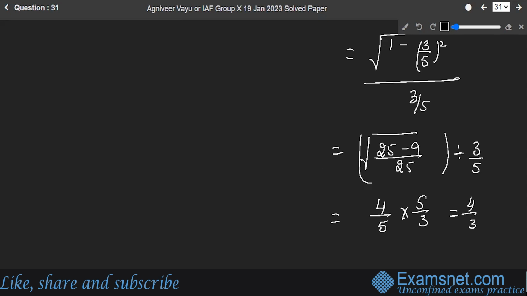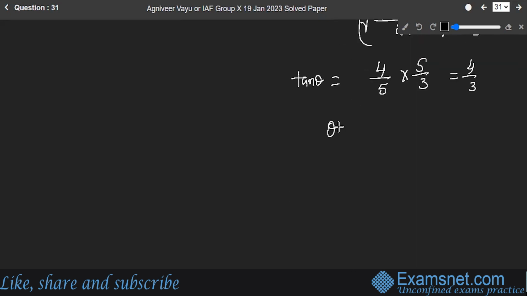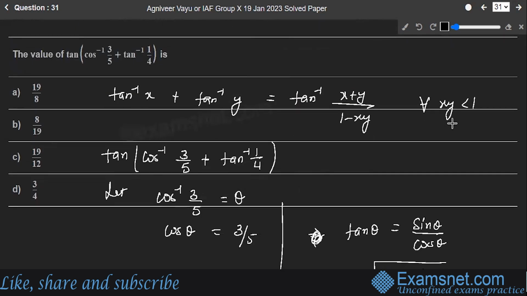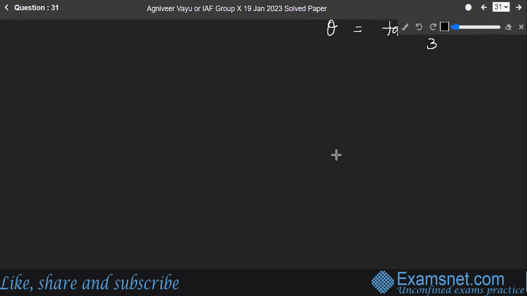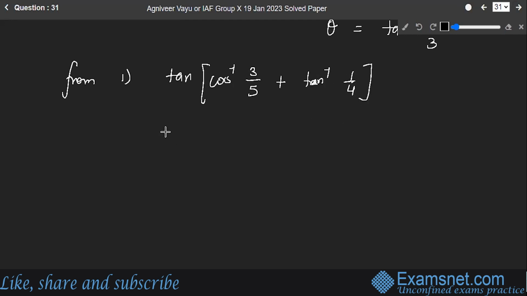Right? This was your tangent of theta. Now that gives you theta is equal to tangent inverse of 4 by 3. Right? Now let's get back to our problem. From 1, you had to find out tangent of cos inverse 3 by 5 plus tangent inverse 1 by 4.